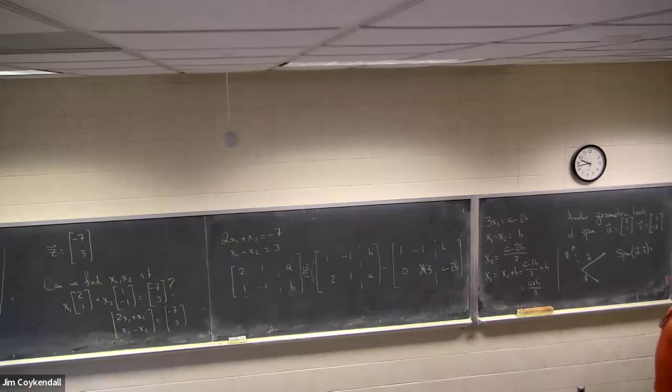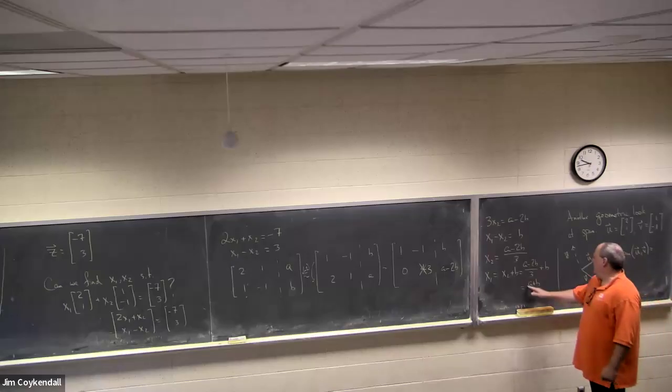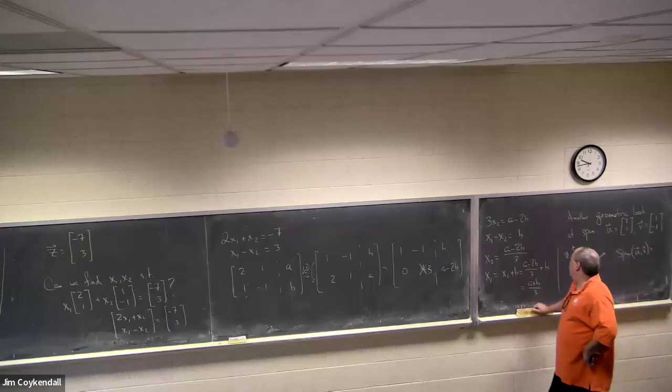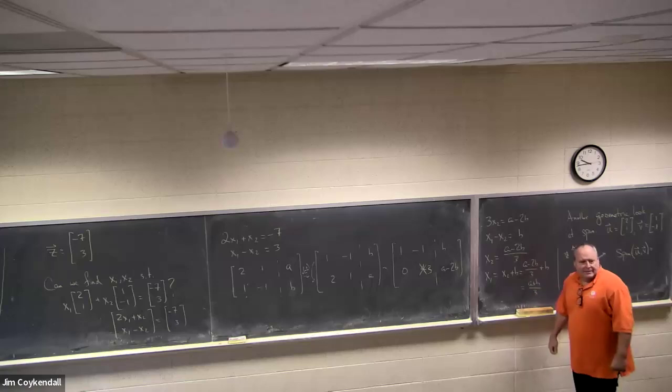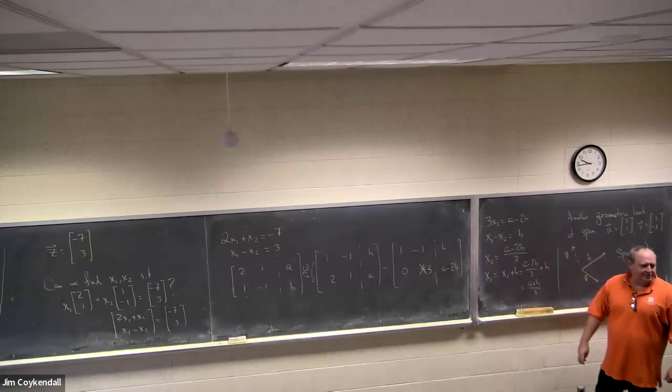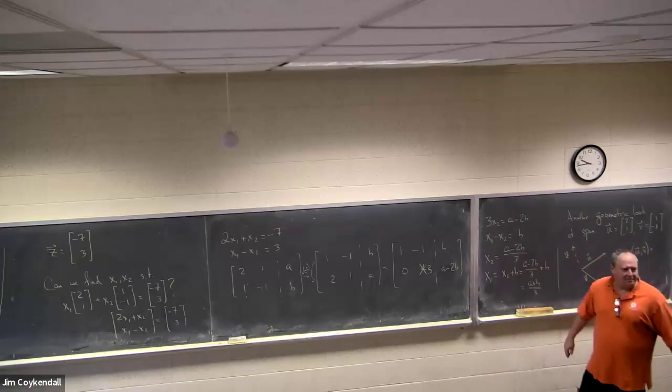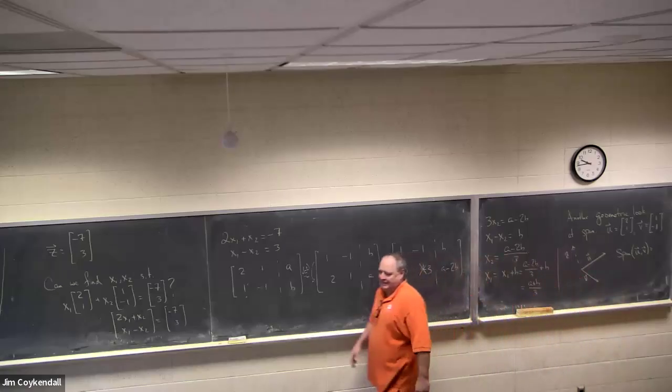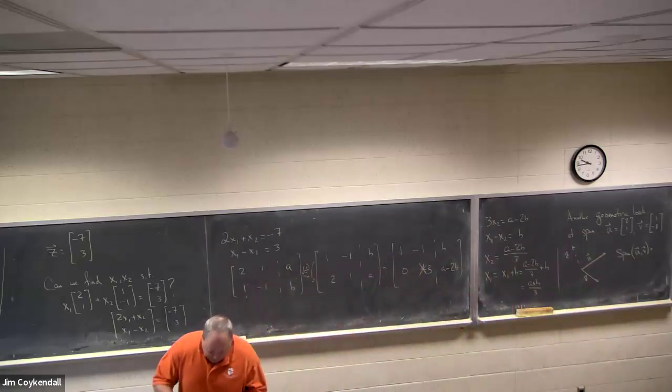So with the -7, 3 that we had before, my x1 would have to be -4/3, and my x2 would have to be -13/3. But doesn't matter. Everything's in the span. Everybody agree with that? Okay, any questions on that?